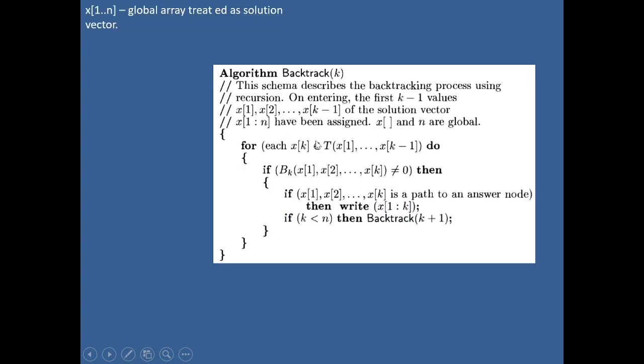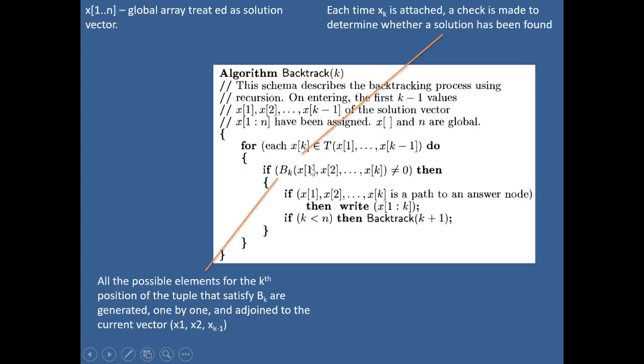This is the recursive algorithm for backtracking. Here is the bounding function. Here are the probable values for xk, and if xk exists, it will move forward. If you are unable to get some value for xk, then it will terminate. So you can go through this.